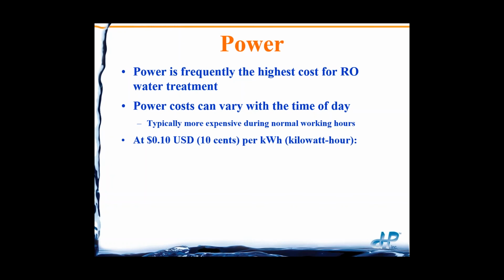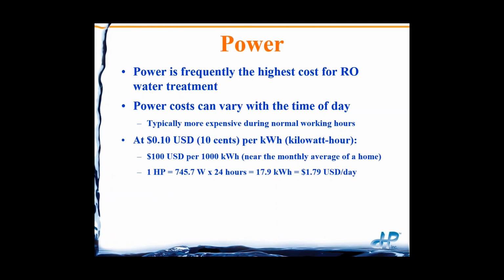Does it involve reducing power? Because all we have to do is know the rates and we can figure out the cost savings. So at 10 cents per kilowatt hour, if you're using 1,000 kilowatt hours, which is about what a home uses per month, then you're talking about 100 US dollars.